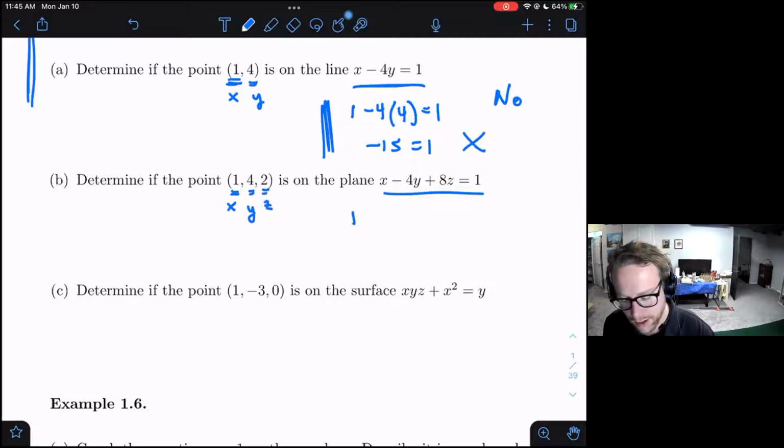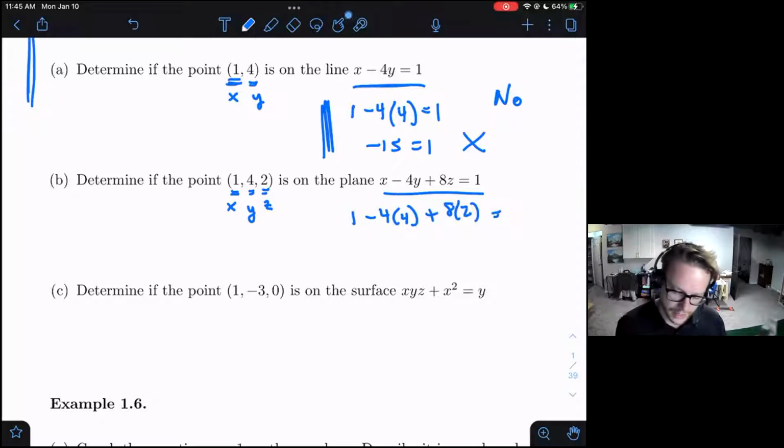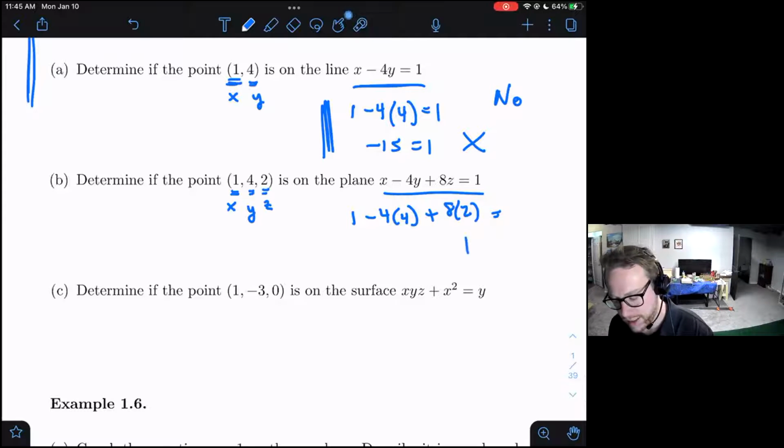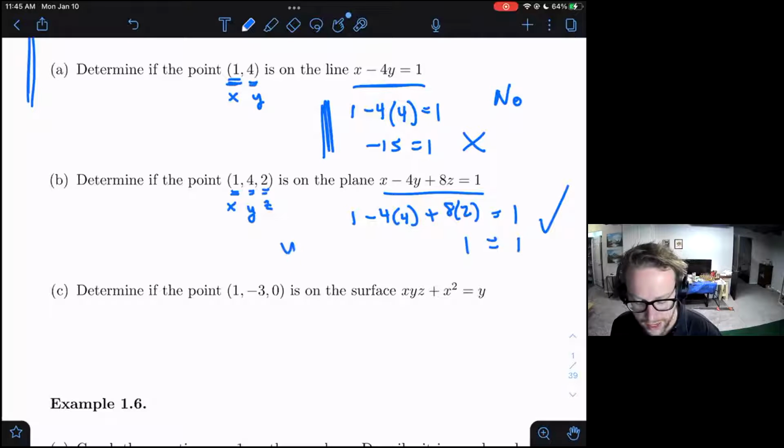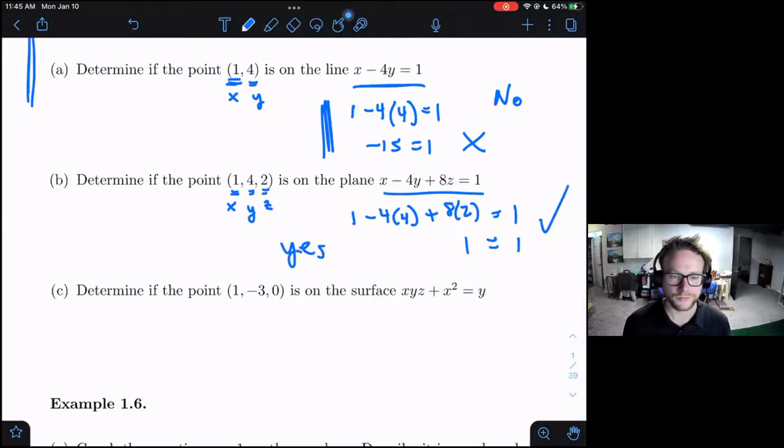We plug this in, so we get 1 minus 4 times 4 plus 8 times 2. I still get my negative 15, but now I have this plus 8 times 2, which is 16. So negative 15 plus 16 indeed does equal 1. In this case, the answer is yes.